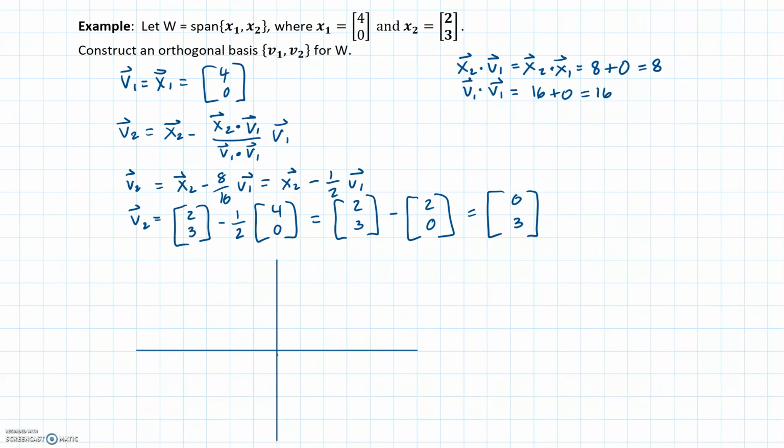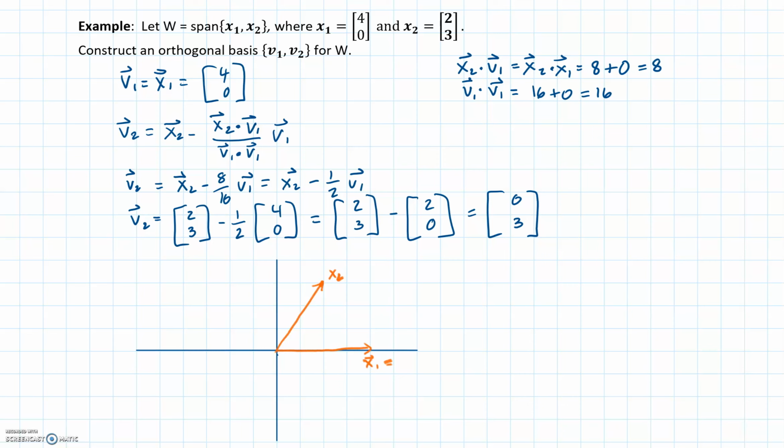x1 was (4, 0), so there it is. x2 is (2, 3). So we're going to let, again, v1 be x1.